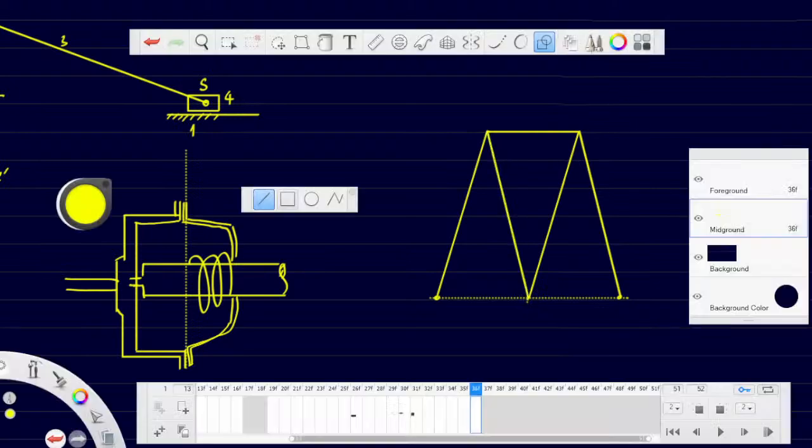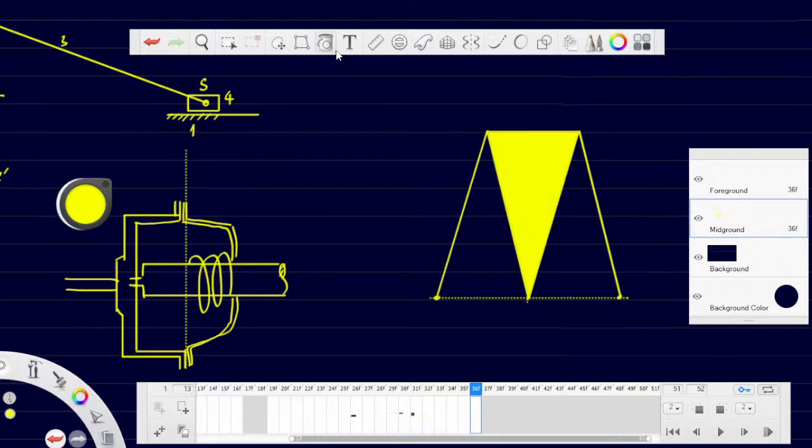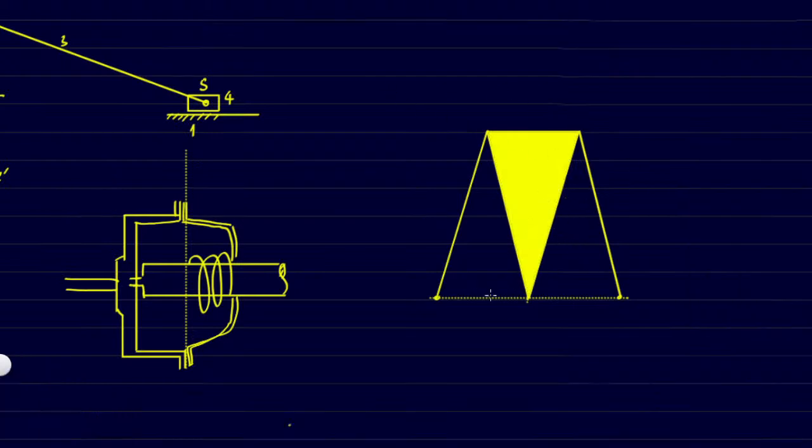This inner one is completely a single linkage. These 2 points are fixed, so this can be called link number 1, that is fixed. This is link number 2, and we have link number 3 and link number 4. So this is the Roberts mechanism.